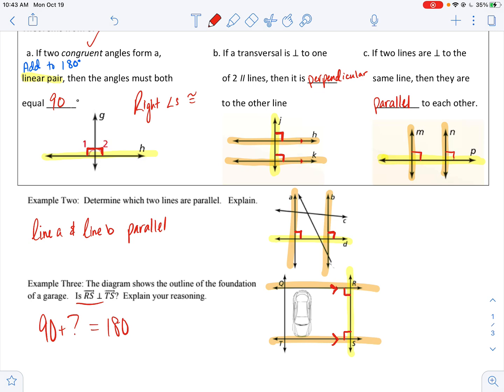And that's saying, is RS perpendicular to ST? Does it form a right angle with ST? And yes, it is. And we could also use that theorem that if a transversal is perpendicular to one of two parallel lines, like it was perpendicular to QR, then it must be perpendicular to the other one, ST.